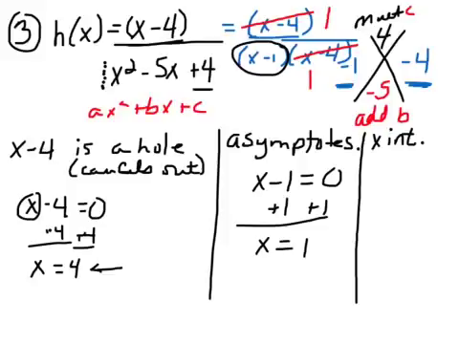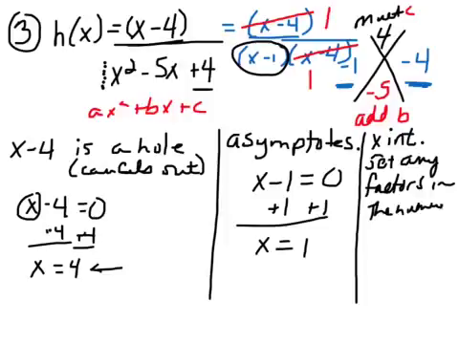To get my x-intercepts, what I do is I set any factors in the numerator, on the top of the fraction, that are left equal to 0. Now look at my fraction. Is there any factor left in the numerator other than 1? There's just a 1 up there, isn't there? Right?